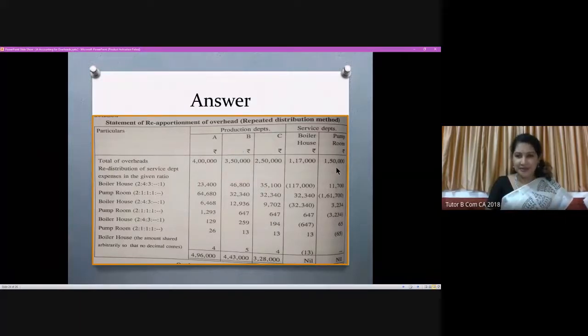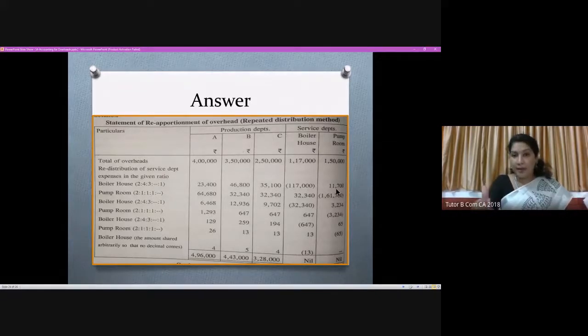The only aspect here is I had distributed the boiler house service department expense, and while sharing that between the departments, 11,700 was shared with pump house. While I was sharing with the departments, I also shared that with pump room. So accordingly, my expense in the pump room became 1,50,000 plus 11,700. So I got the total of 1,61,700.